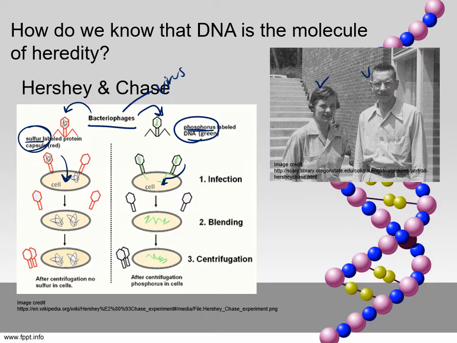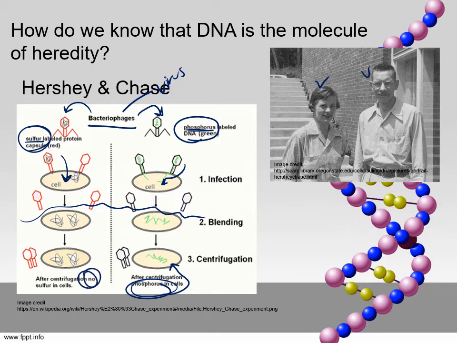So those phages infected, they did a wash to get the virus coats off of the bacteria cells, and they used a centrifuge, which is a super cool spinny thing that separates things by density, to separate the bacteria cells from the viral protein coats, and found that radioactive phosphorus was inside the cells.